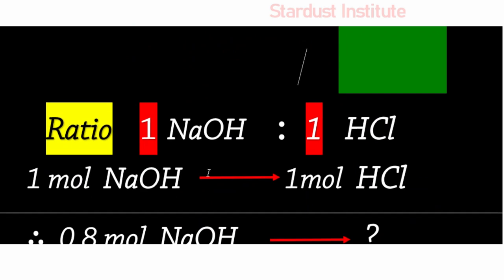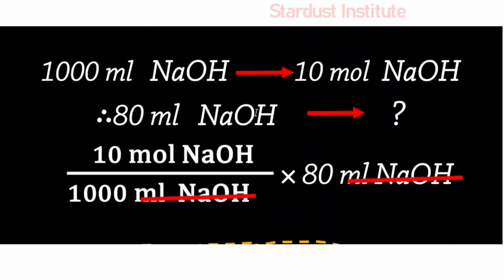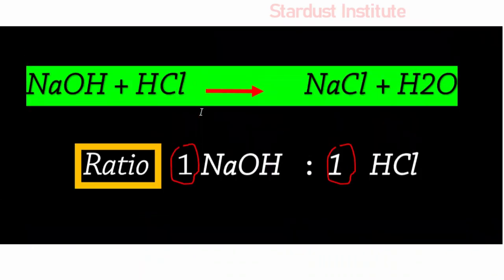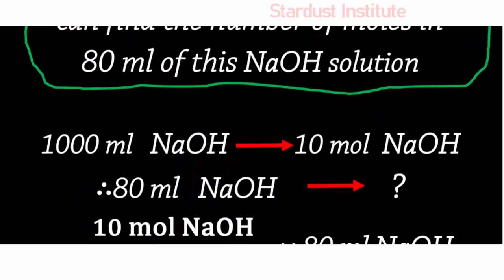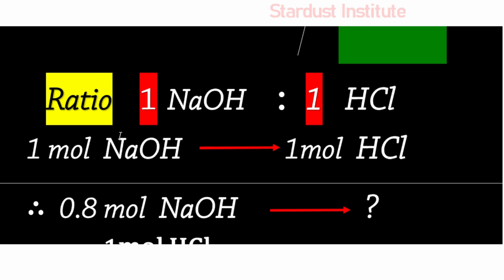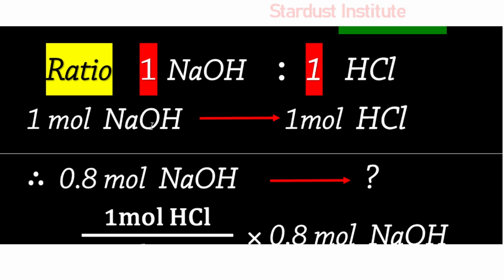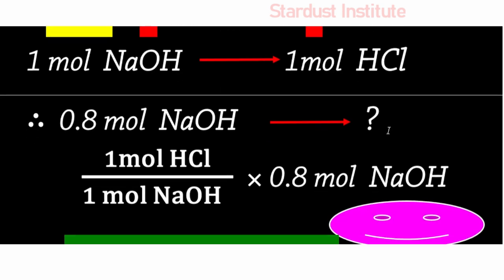We know the ratio 1 to 1. I have written this again. To react with 1 mole of sodium hydroxide, 1 mole of HCl is required.